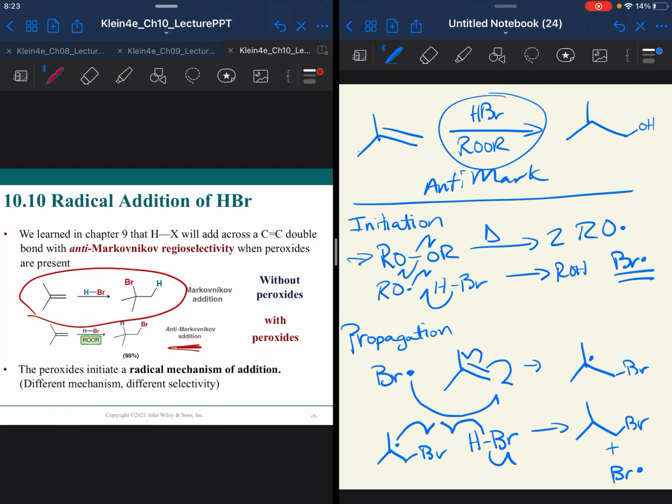However, they got the anti-Markovnikov product, and it was so surprising that they investigated what happened, and it turned out dirty glassware. They had some glassware with a little bit of peroxides left in it, and those peroxides caused this reaction to happen.